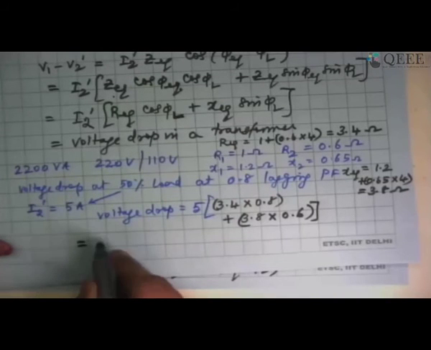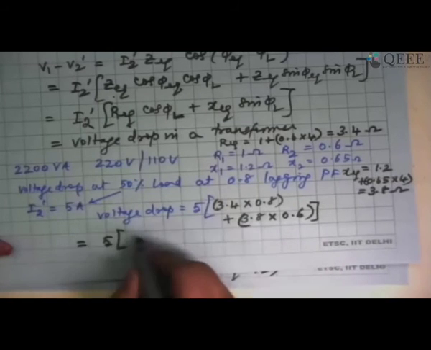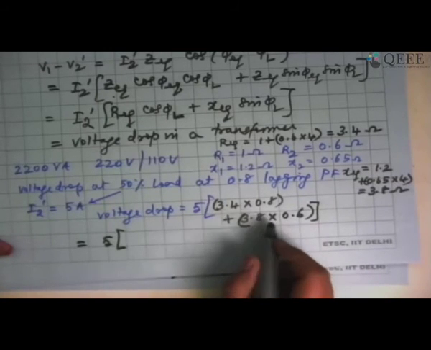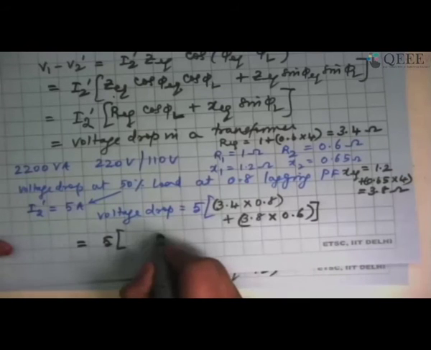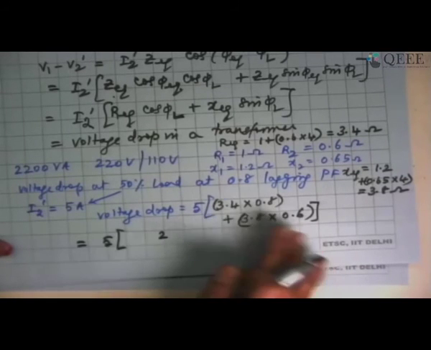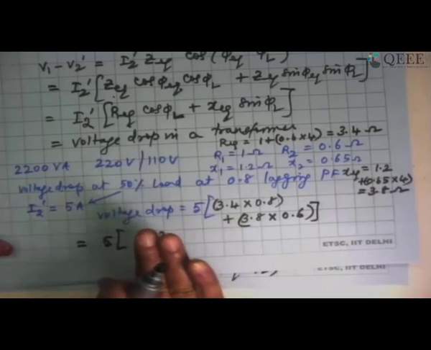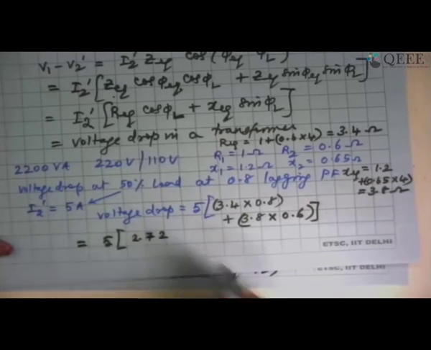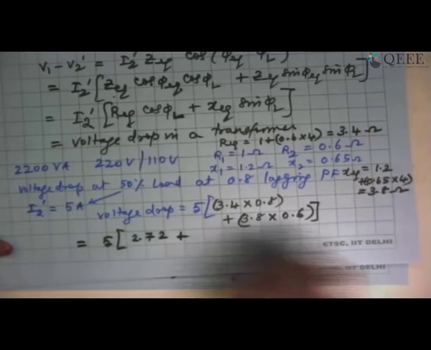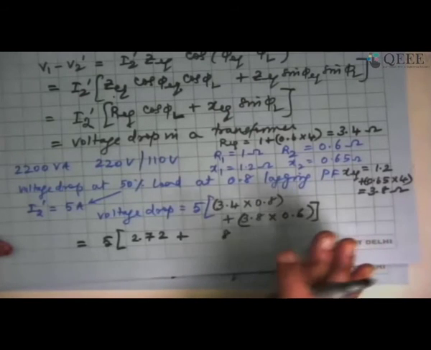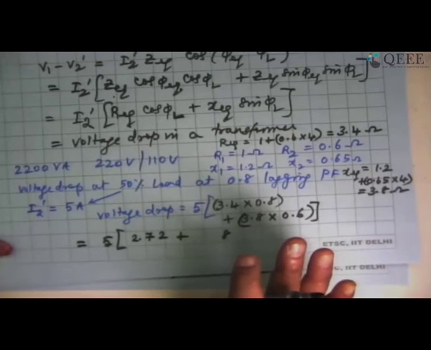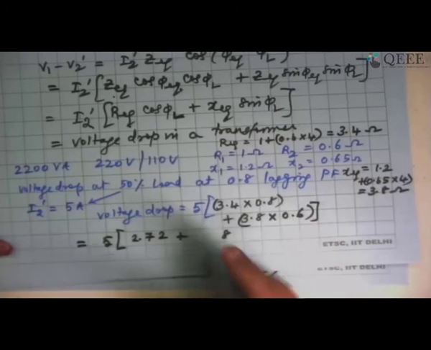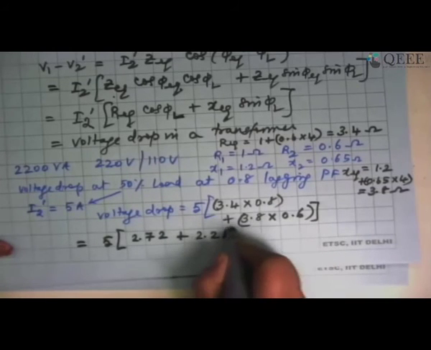I'm going to have 5 multiplied by 3.4 into 0.8 and 3.8 into 0.6. 3.4 into 0.8 is 2.72 volts, and 3.8 into 0.6 is 2.28.